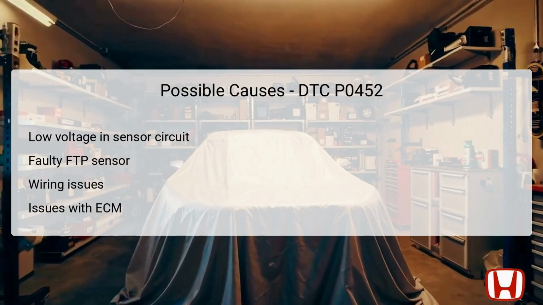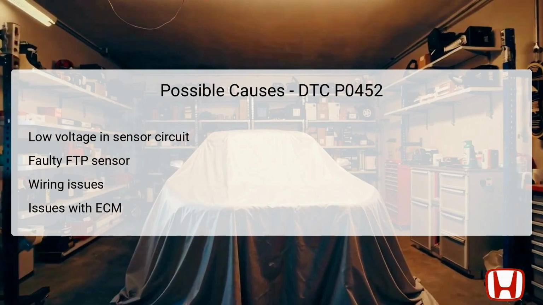There are several possible causes for DTC P0452 to trigger. One likely cause is low voltage flowing through the FTP sensor circuit, meaning that it is not receiving the necessary voltage level to function properly. Another possibility is that the FTP sensor itself could be faulty or damaged, requiring replacement.